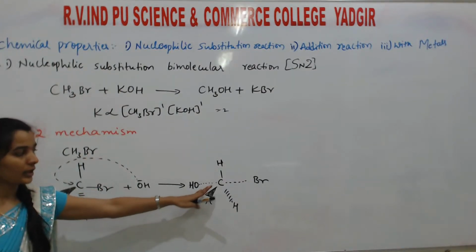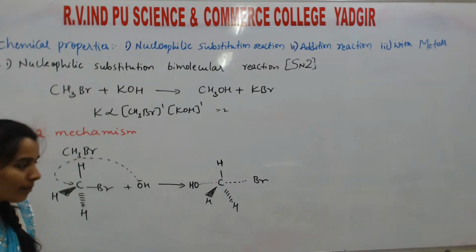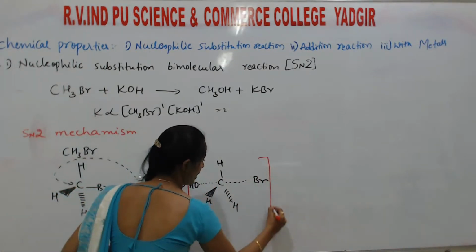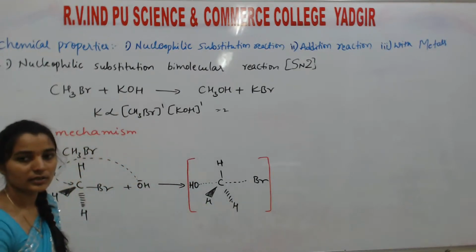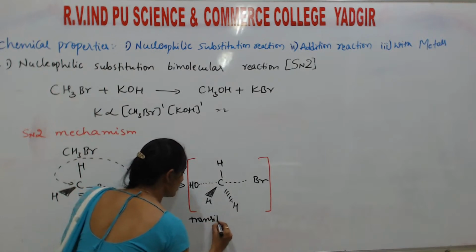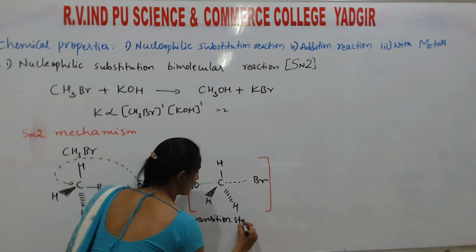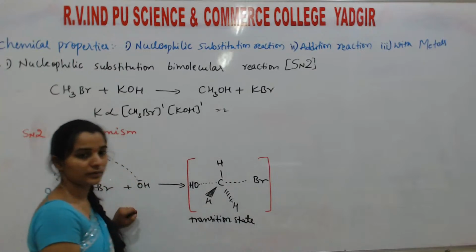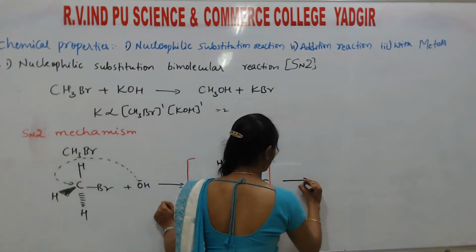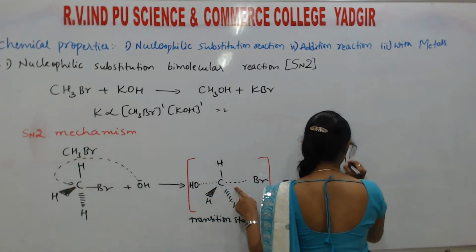Simultaneously, bond making and bond breaking take place in the same molecule. So this state is called the transition state. Okay, so then what happens? After that, here the carbon is here.